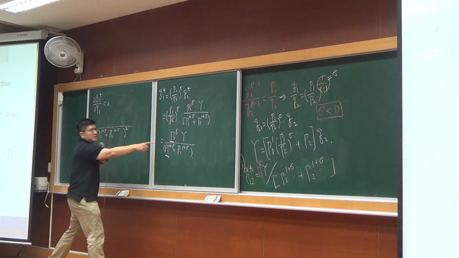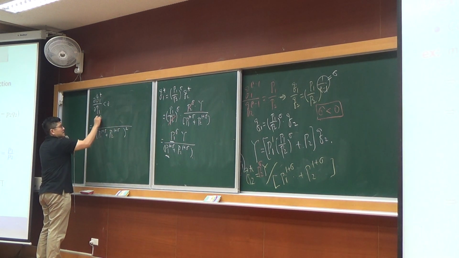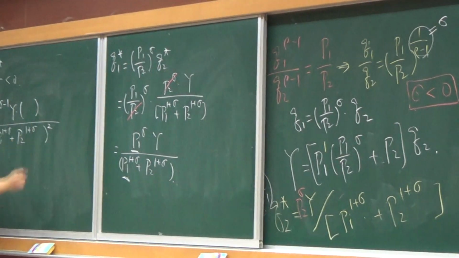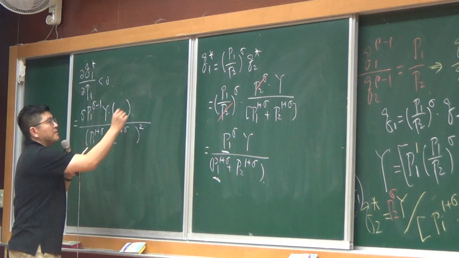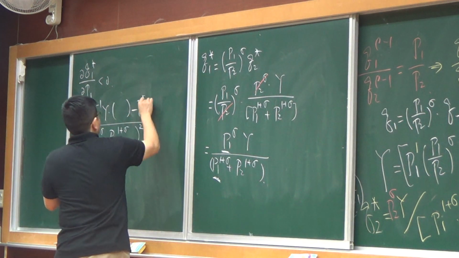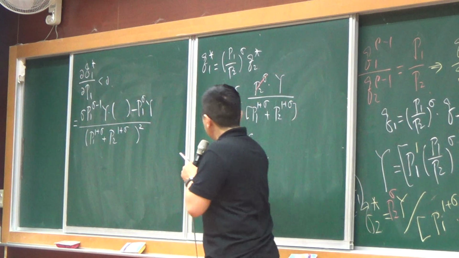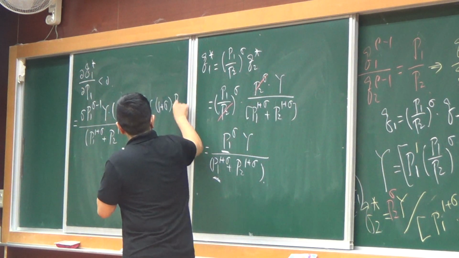And we differentiate, this will be sigma P1 to the power of sigma minus 1 y times the denominator, minus P1 to the power of sigma y, and it will be 1 plus sigma P1 to the power of sigma.